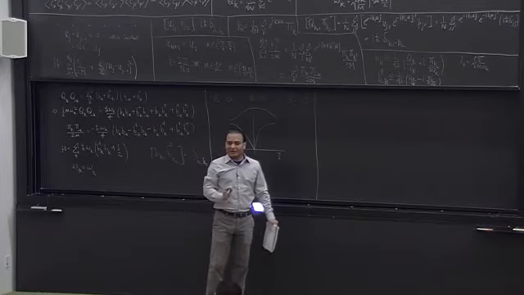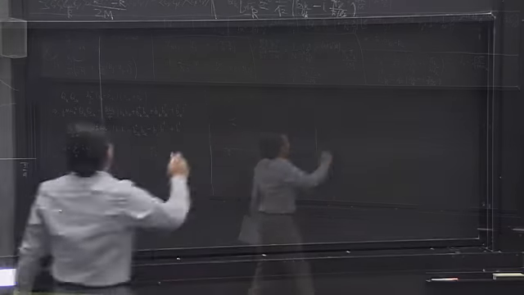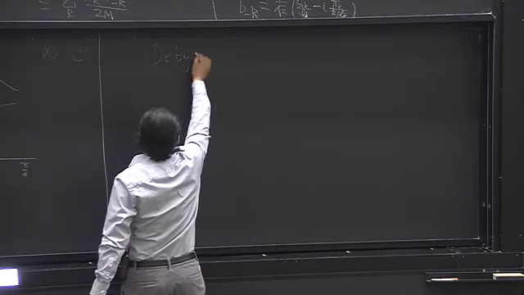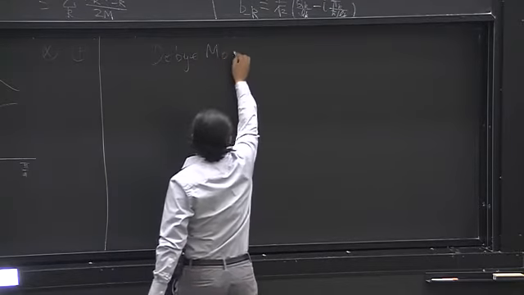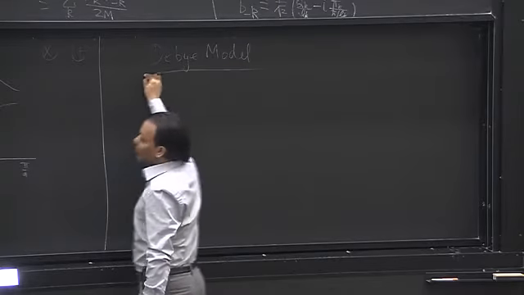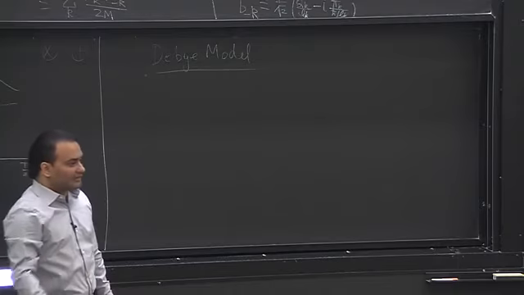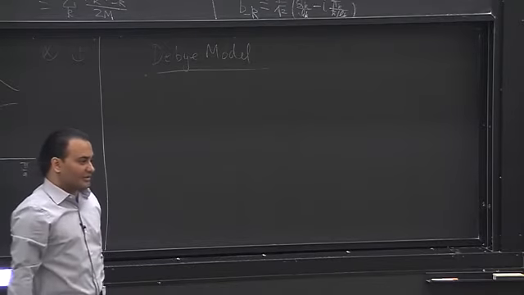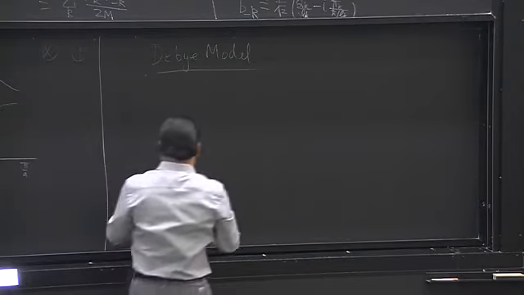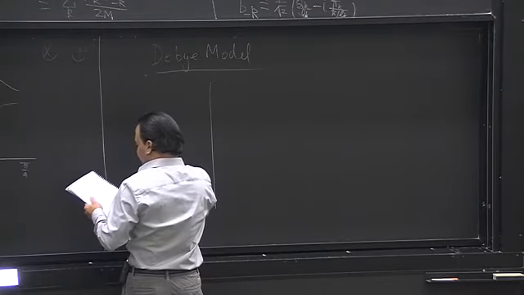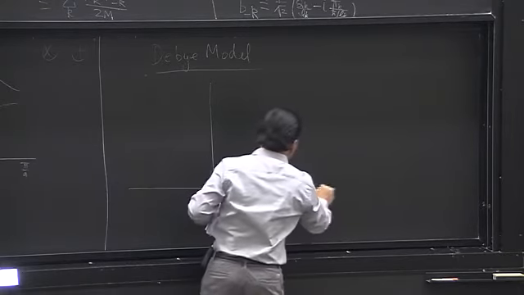So next what we are going to discuss is called the Debye model. This is a model that explains the behavior of specific heat for solids as a function of temperature. Let's first discuss what the Debye model really does.